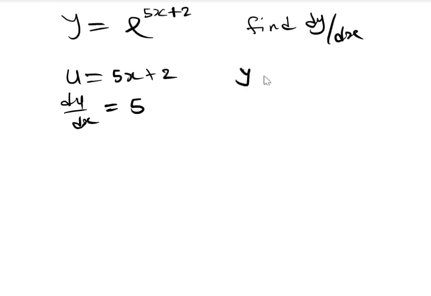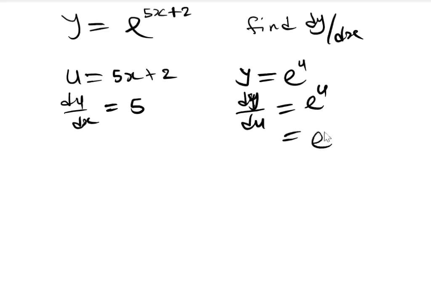Our original question will be exponential u. So dy/du is the same thing: if you differentiate exponential u, it will still be exponential u, and this is equal to exponential of 5x plus 2.